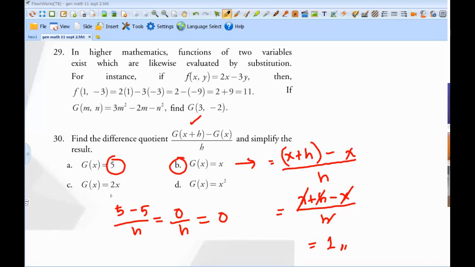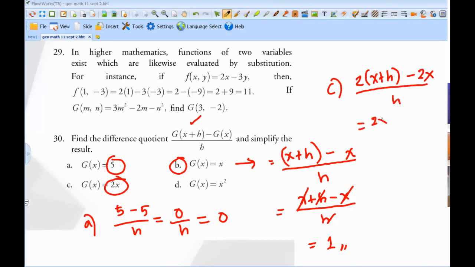Right. So letter C, if that is the value 2x. So on C, you have 2x. So 2x plus h minus 2x over h. So 2x plus 2h minus 2x over h.